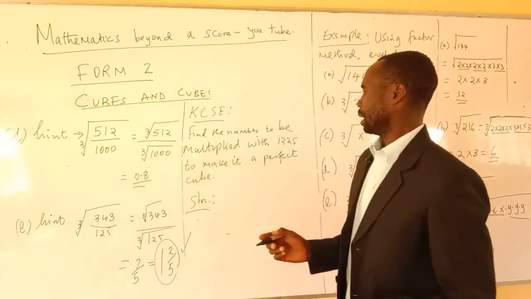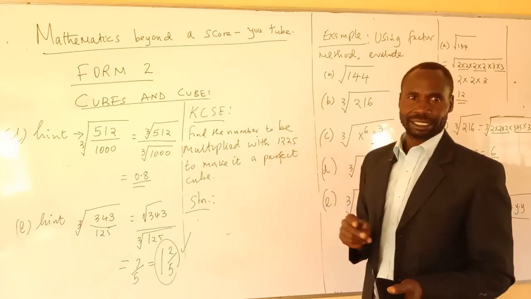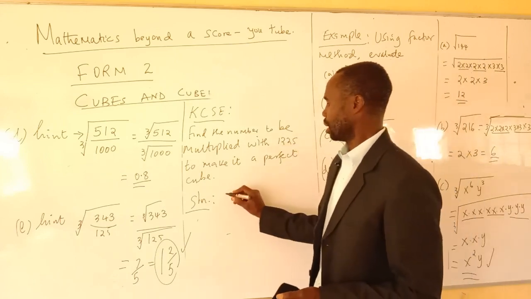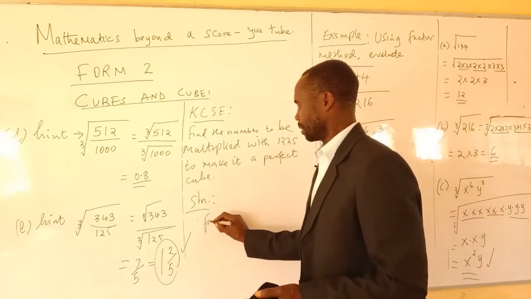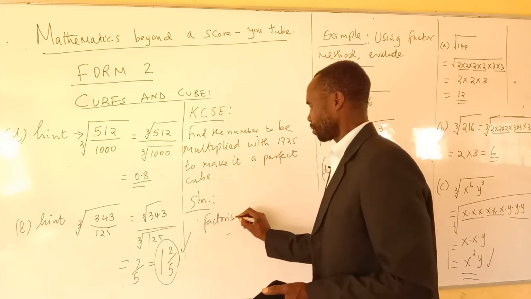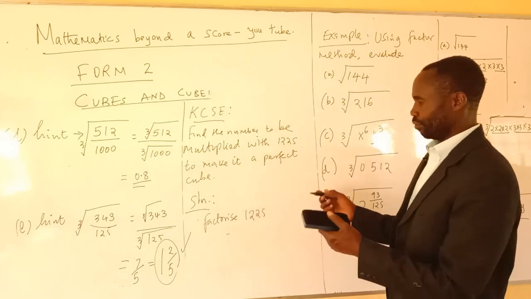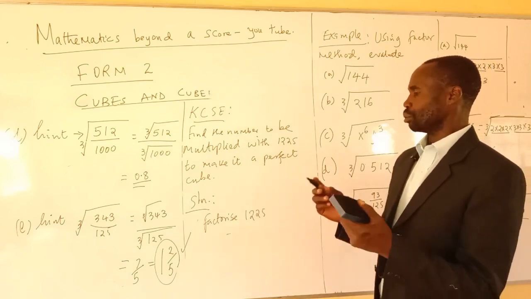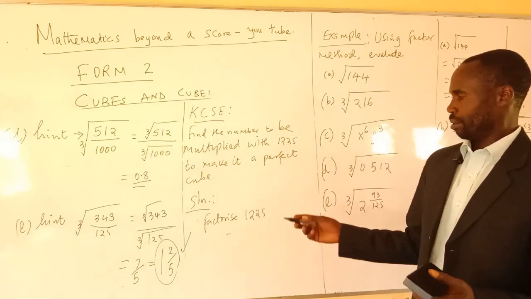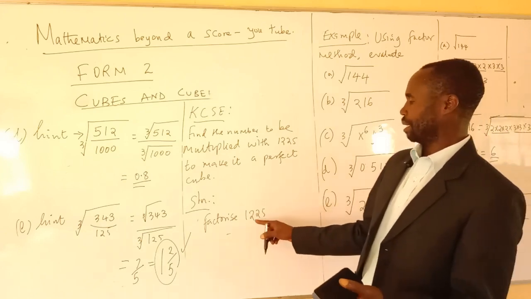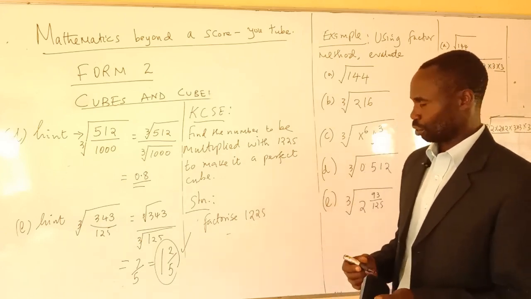What you need is to factorize 1225. When you have factorized 1225, you look for the number you can multiply with so that you make it a perfect cube.